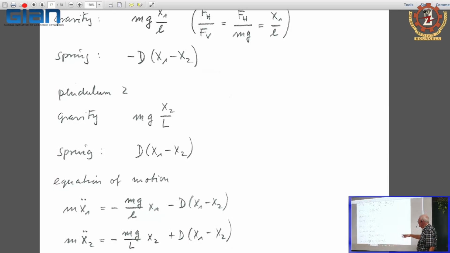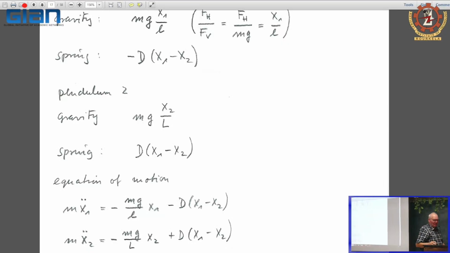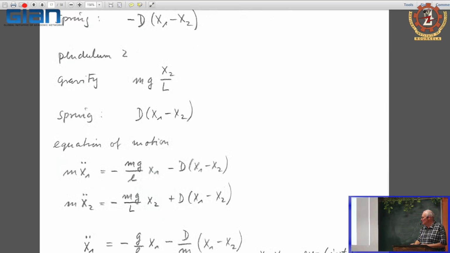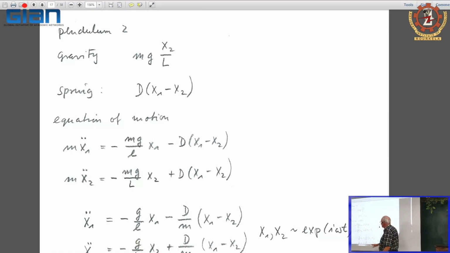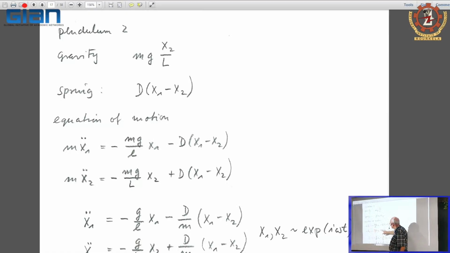So these are the forces acting on our pendula, and according to that we have the equation of motion. Mass times acceleration of pendulum 1 is given by the gravitational force in the horizontal direction acting on pendulum x1 plus the force exerted by the spring.